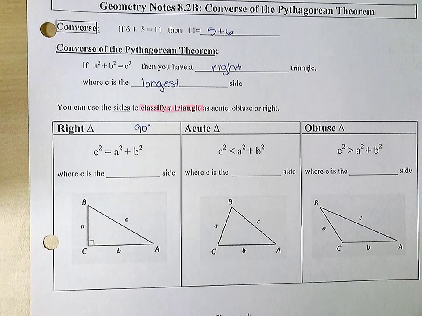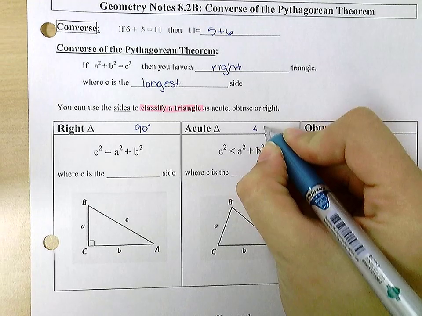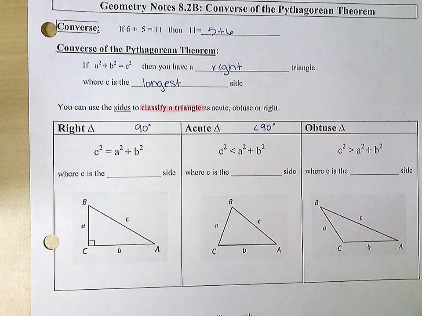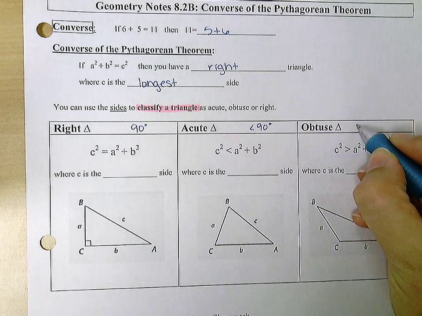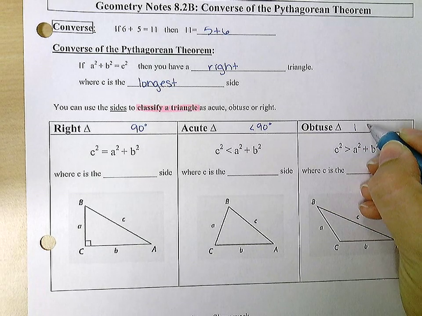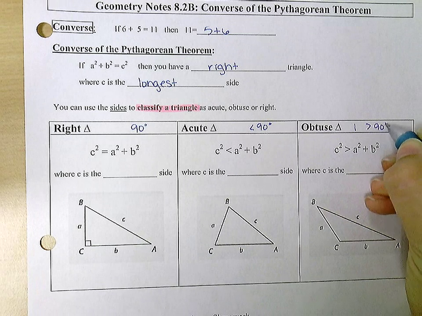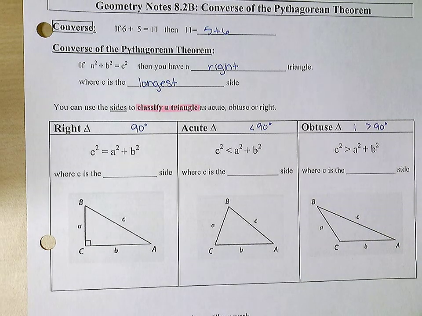An acute triangle, all of your angles are less than 90 degrees. And then an obtuse triangle, you have one angle that is greater than 90 degrees. Okay, so in a right you have one that's 90 degrees, acute, all of your angles are less than 90, and obtuse, you have one angle that's greater than 90 degrees.